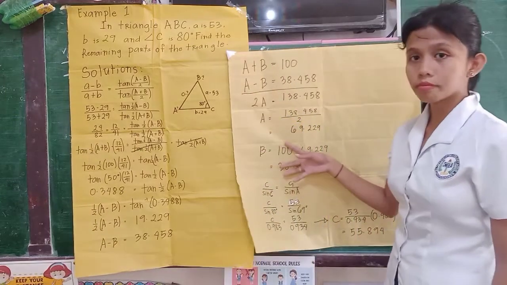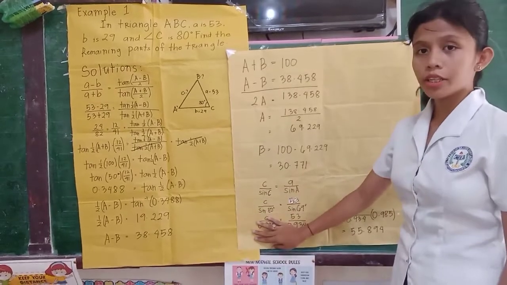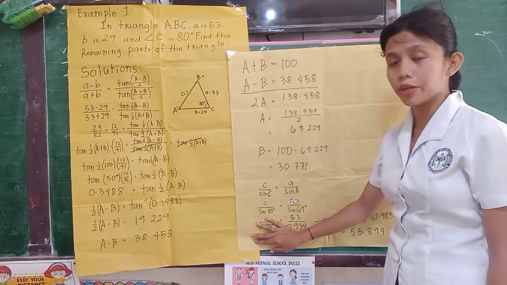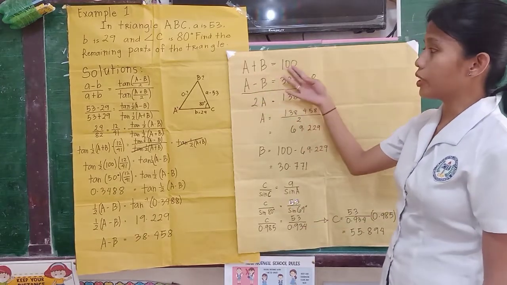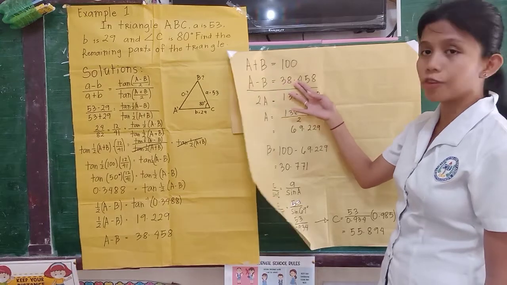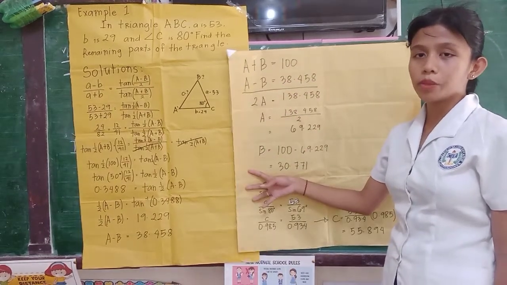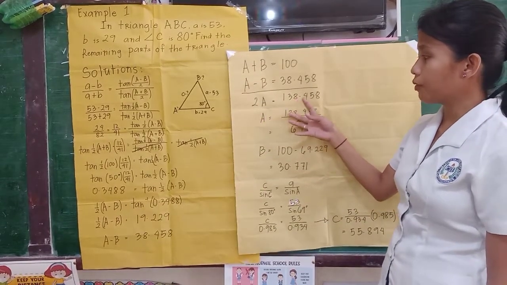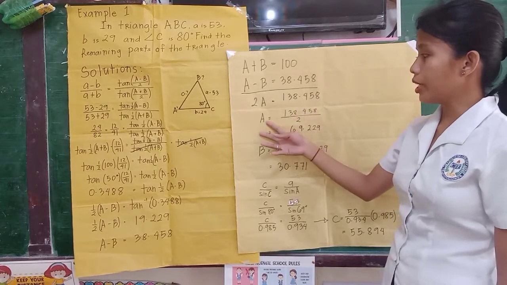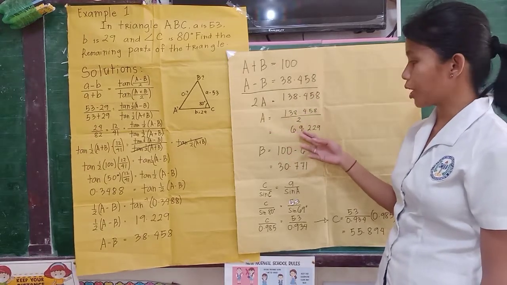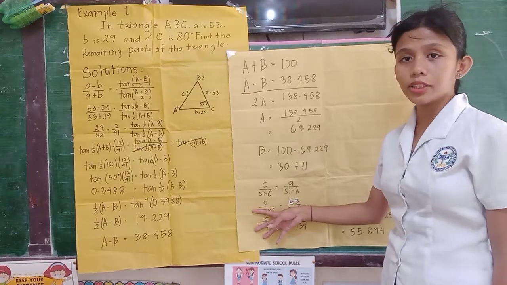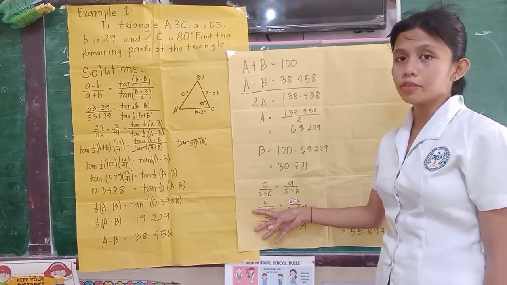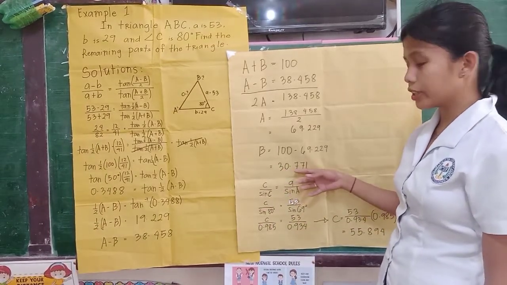Then determine A and B by solving the system of equations for A plus B and A minus B. A plus B is equal to 100, A minus B is equal to 38.458. Eliminate one of the variables by adding the two equations together. So 2A equals 138.458. So A is equal to 69.229. Because A is 69.229, B is equal to 100 minus 69.229. The answer is 30.771.